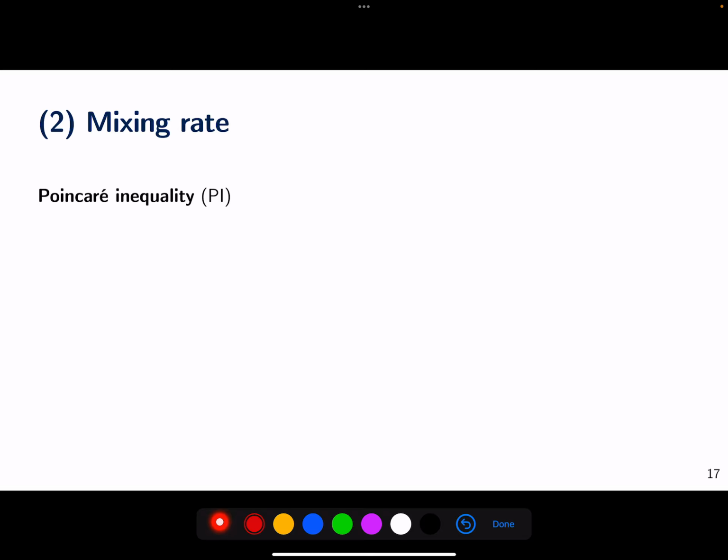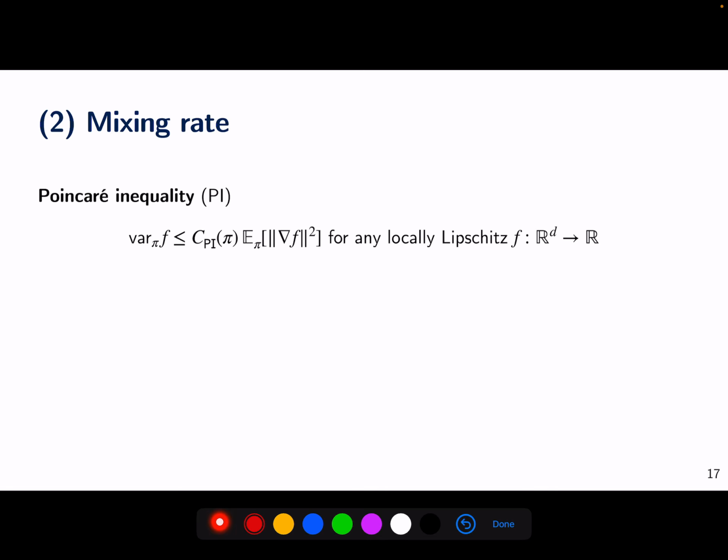Now let me move on to the second part, the mixing rate. To begin with, let me recall the Poincaré inequality. This Poincaré inequality is a functional inequality that basically measures the variance of your distribution phi. Here C_PI is called the Poincaré constant of your target distribution phi.